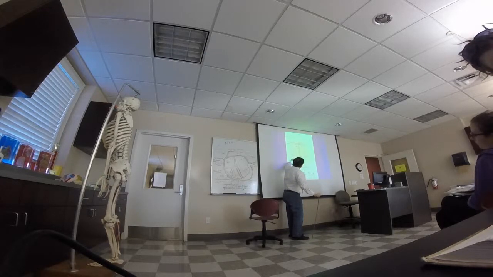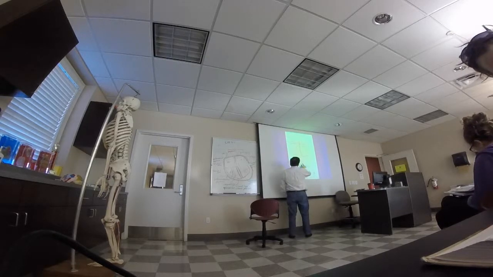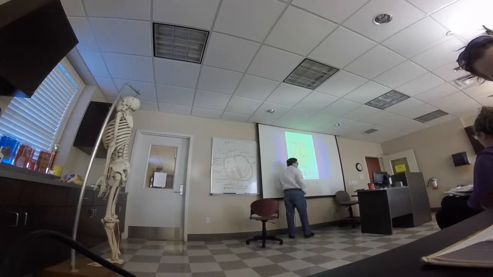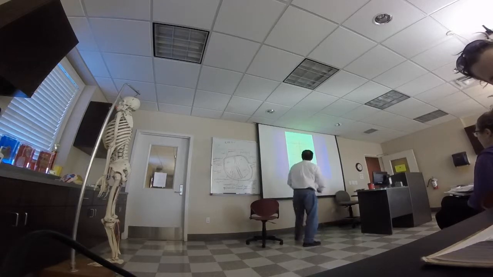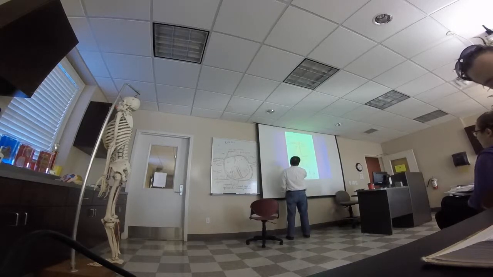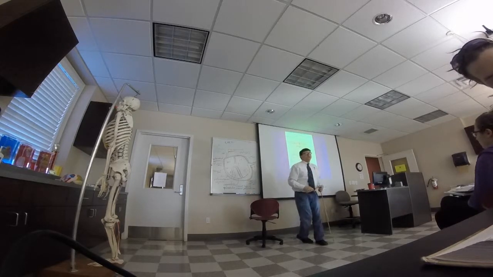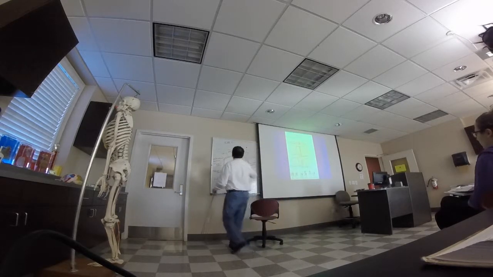During systole, some of this volume is ejected, such that by the time the aortic valve closes, we only have a little bit of blood present within the left ventricle. If we read this graph, we only have 70 cc's or 70 milliliters. That would be the left ventricular end systolic volume.